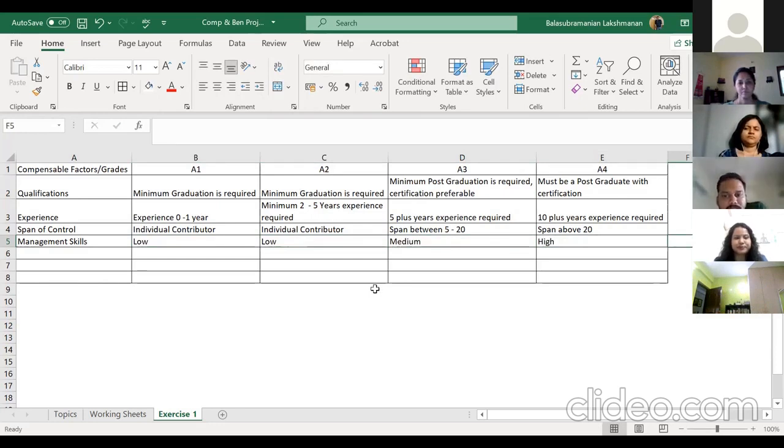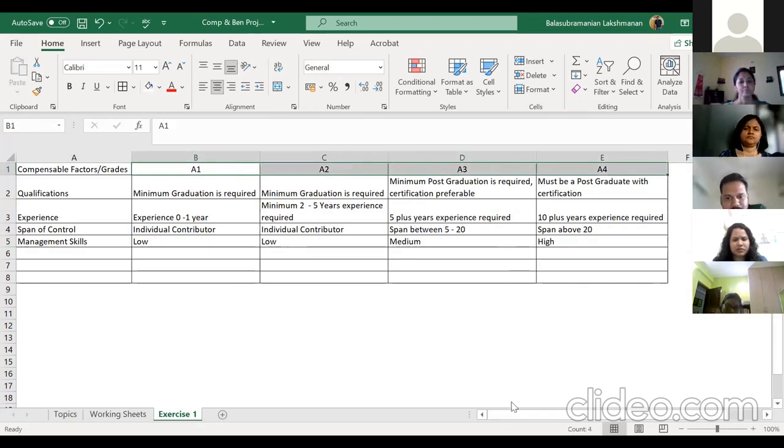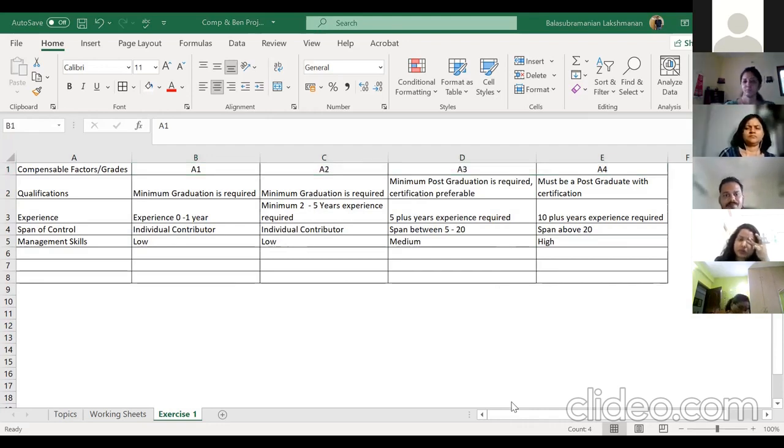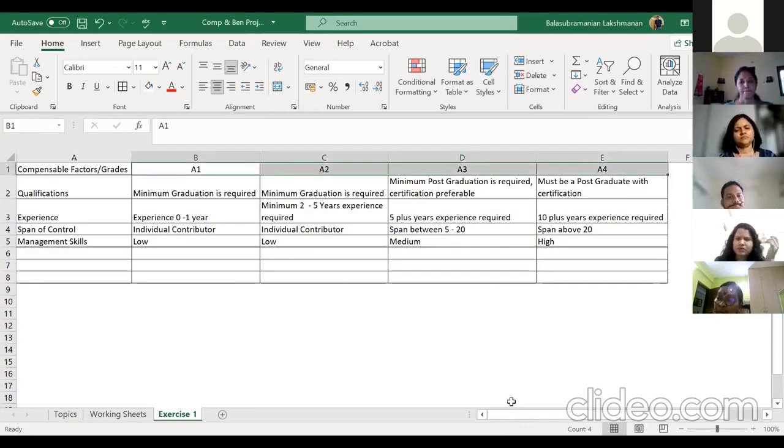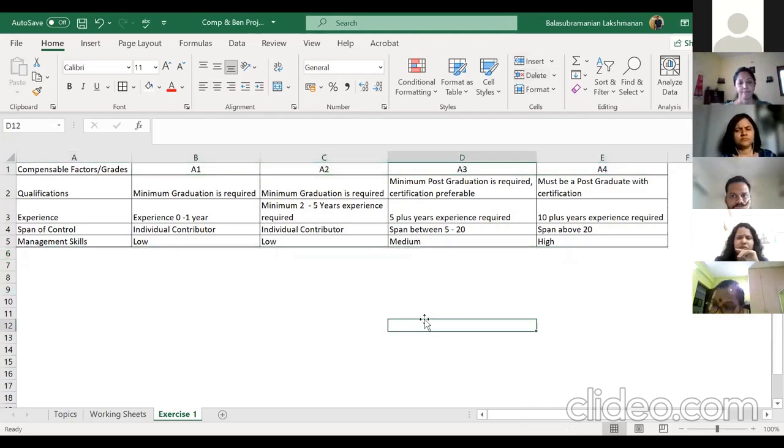Okay. So now I have one thought that instead of just naming them A1, A2, A3, A4, going by the job description sheets that we have, certain levels are mentioned. So don't go by that. Now guys, when you're doing a process of job evaluation, typically one does not get influenced by the titles.